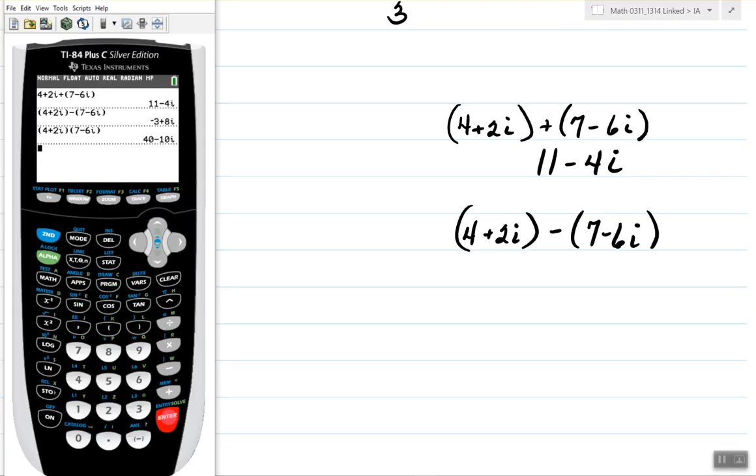And finally, you can use it for division. What if you had parentheses 4 plus 2 second period gives me i, divided by, you have to use parentheses on these, 7 subtract 6 second period i. If you were doing it by hand, you would have to have the conjugate of the 7 minus 6i, or you can do this.